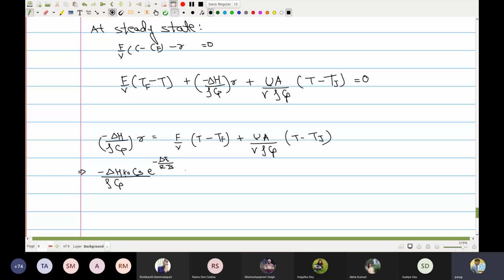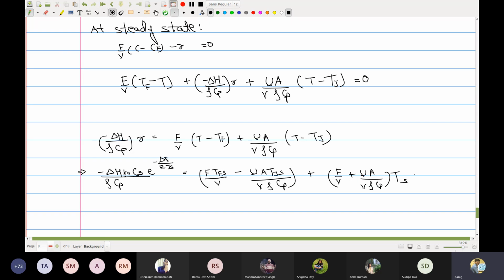So this is the left hand side, and the right hand side can be written as F TF steady state, the steady state temperature in the jacket, by V, minus U A T jacket steady state upon V rho Cp, plus F by V plus UA upon V rho Cp times the steady state temperature, right?